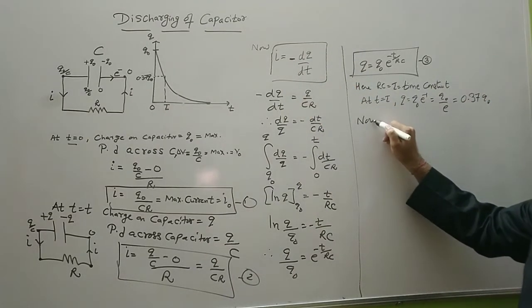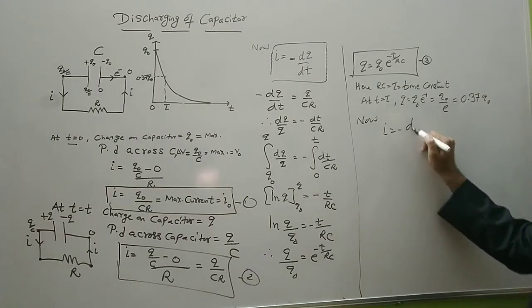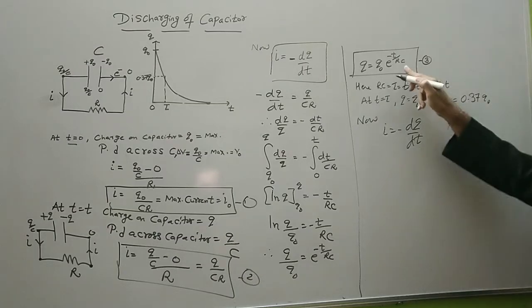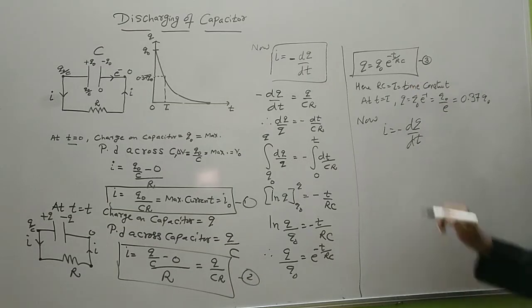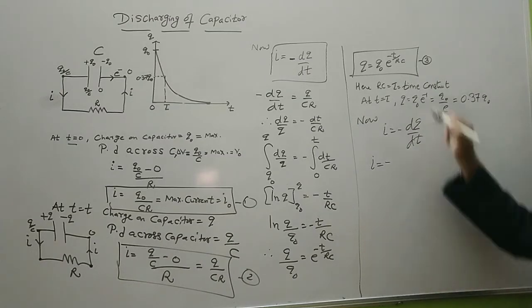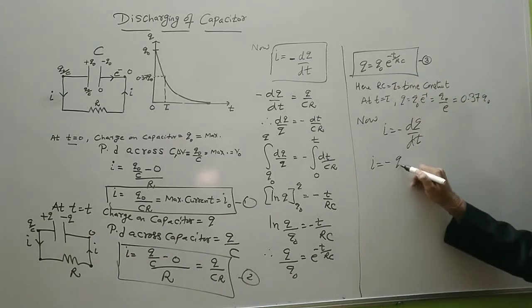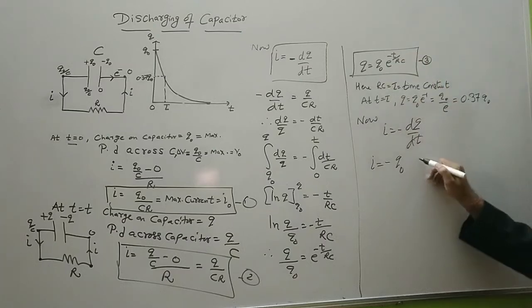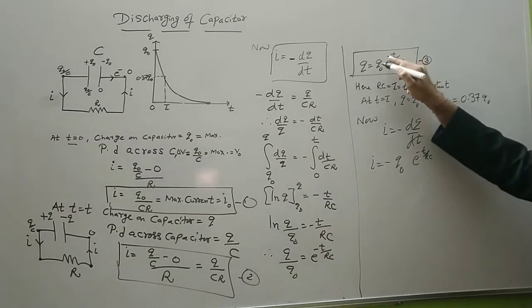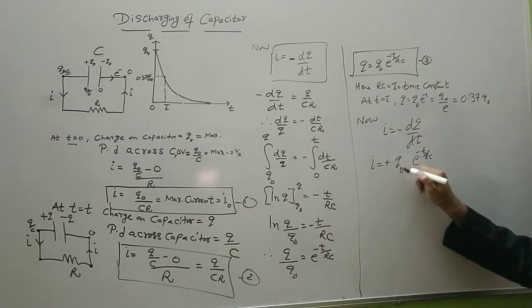Now I is equal to minus dq by dt. So we take the derivative of this with respect to time. So I is equal to minus q naught, the derivative of this exponential function as it is, then the derivative of this power, that is minus 1 by RC. So it becomes plus sign.